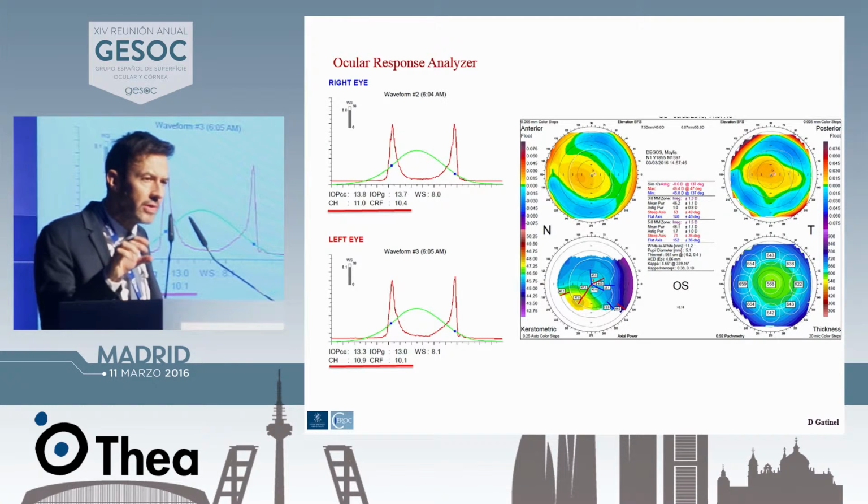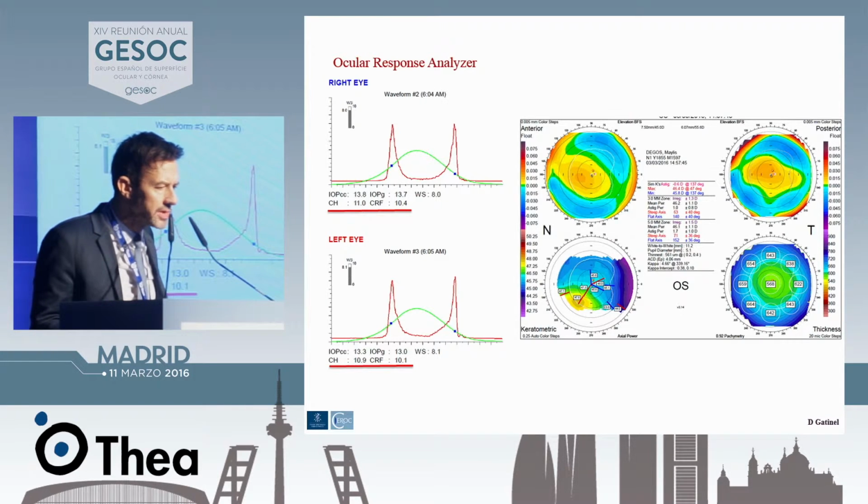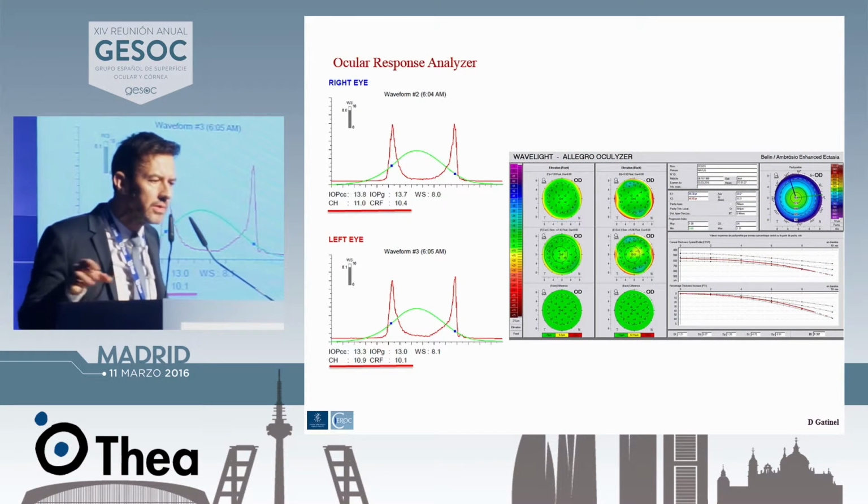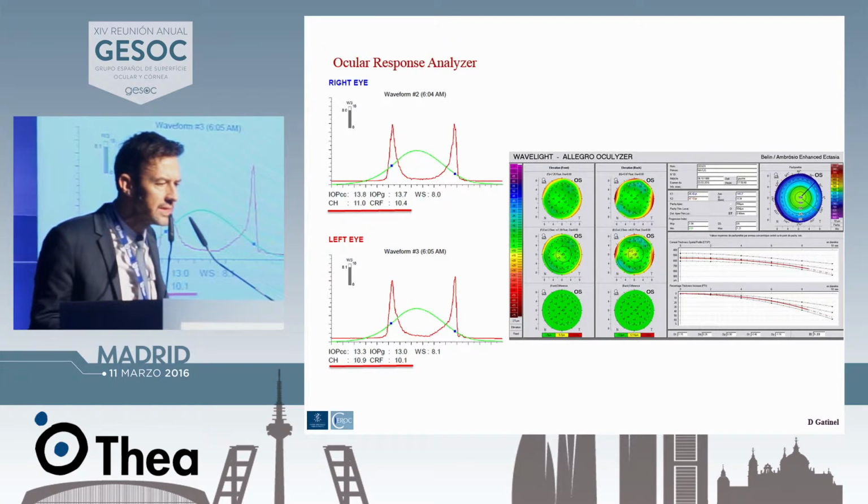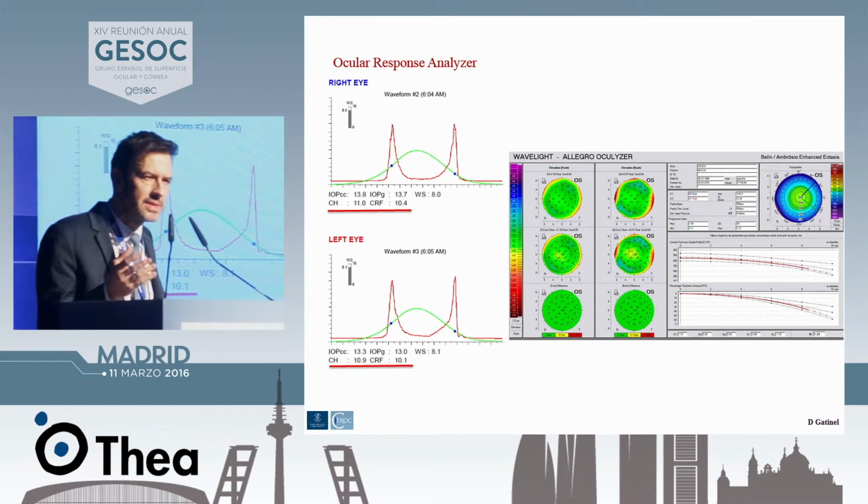Only you have this inferior stiffening, which is odd, but you can do a Pentacam, you can do a tomographic analysis, and yet there's no real abnormality there. And so, because there's this inferior stiffening, you're like, what do I do?